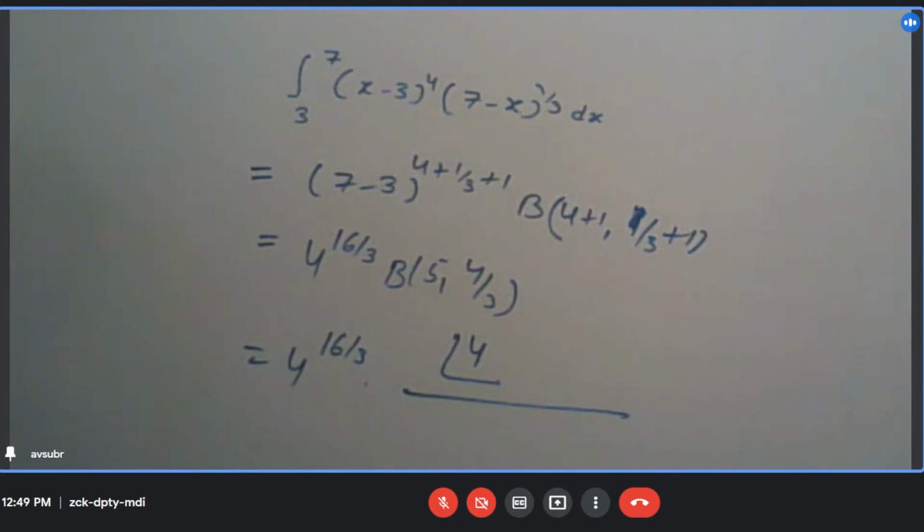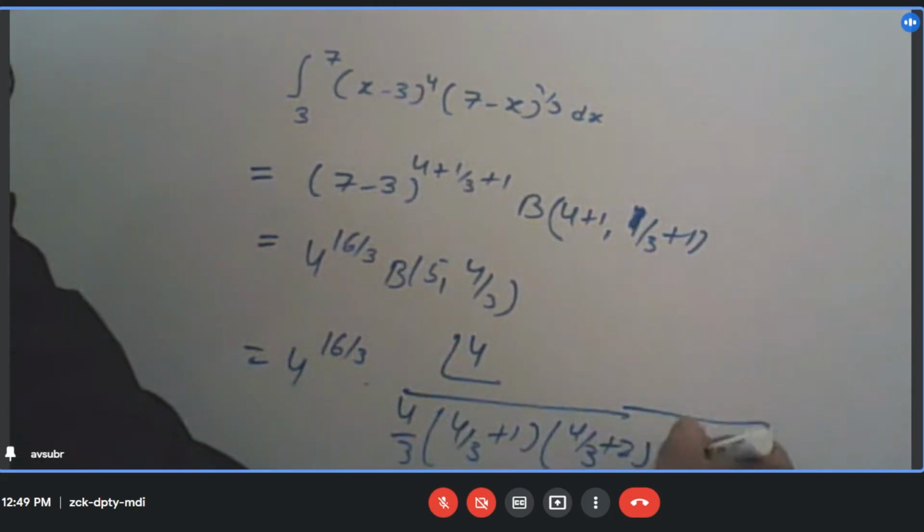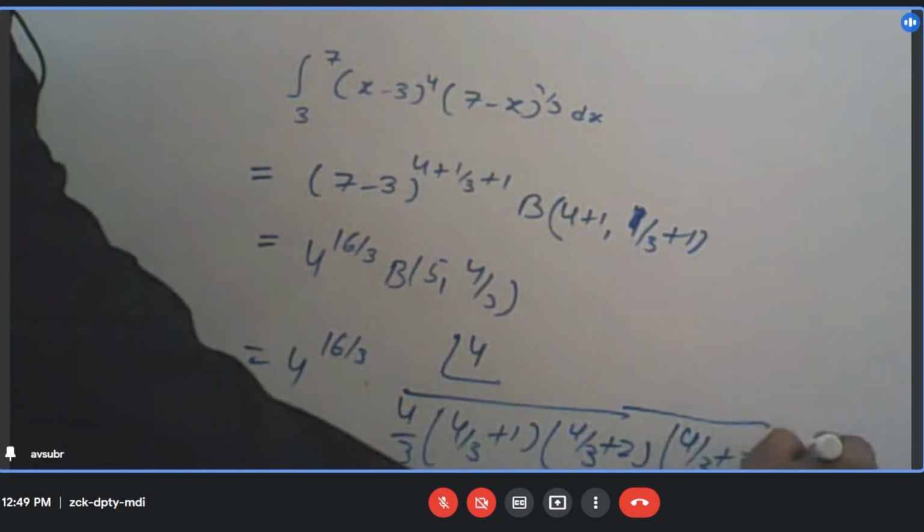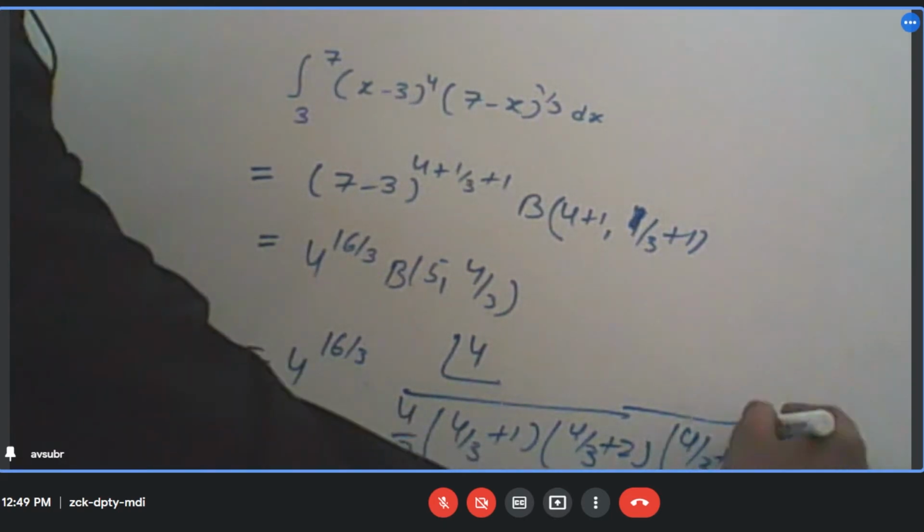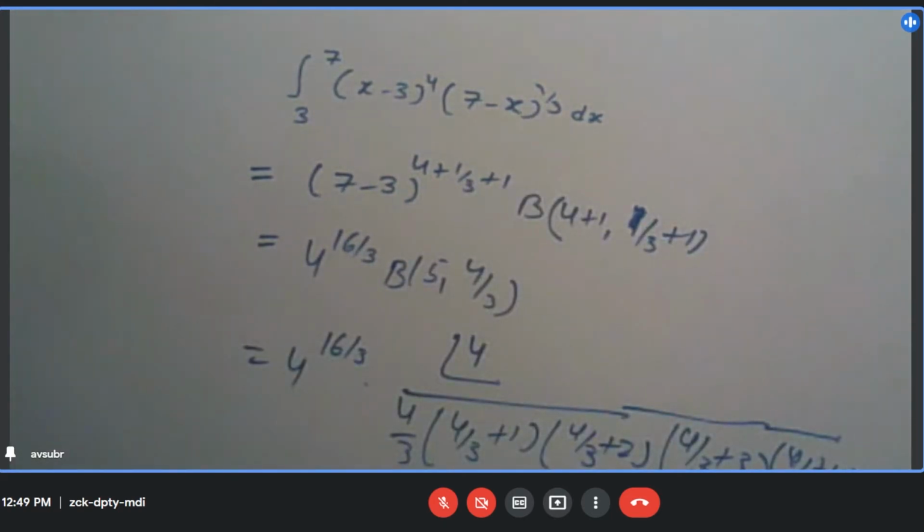So this is what we will get. So we can write 4 by 3 into 4 by 3 plus 1 into 4 by 3 plus 2 into 4 by 3 plus 3 into 4 by 3 plus 4. Is it okay? So this is the answer.